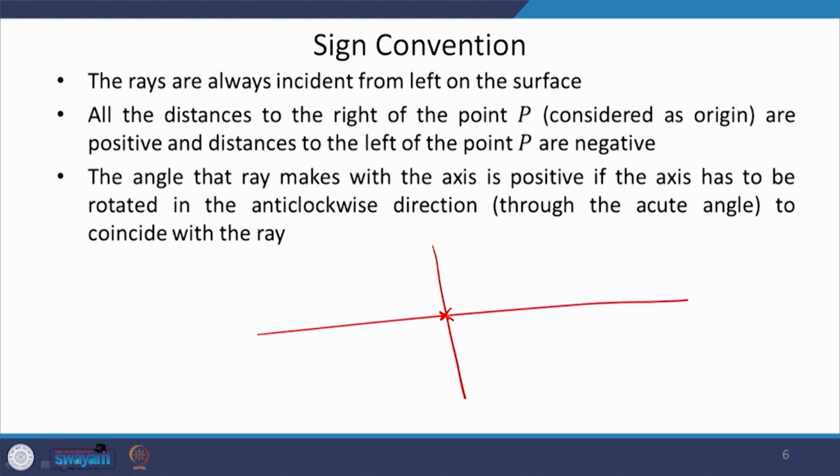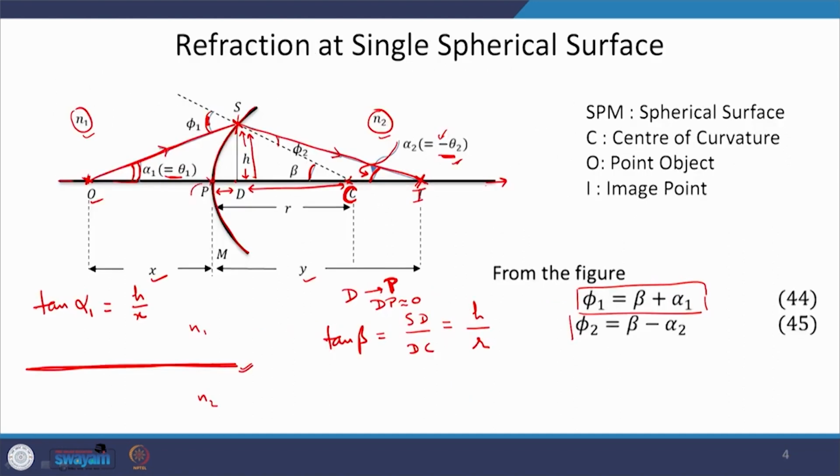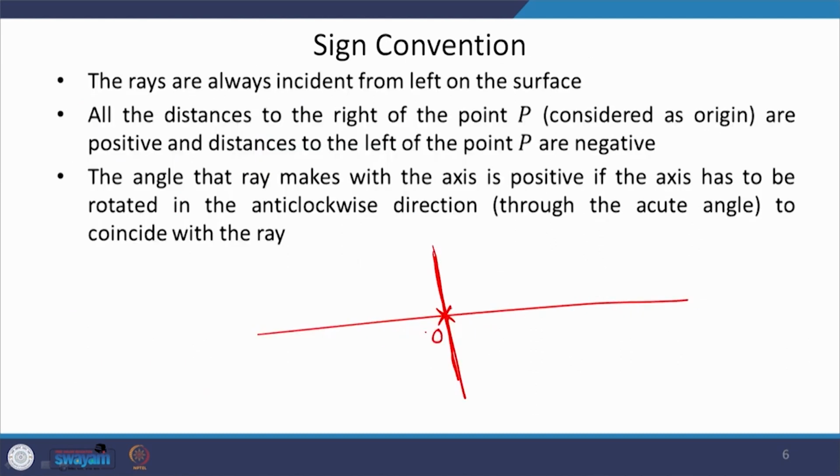Now, if the curvature which separates the two refractive index media is here, which is either a straight line or a curved surface, and its center point, this point P, is assumed as the origin. Suppose the origin is point P, then we will try to understand how the signs of distances are taken.